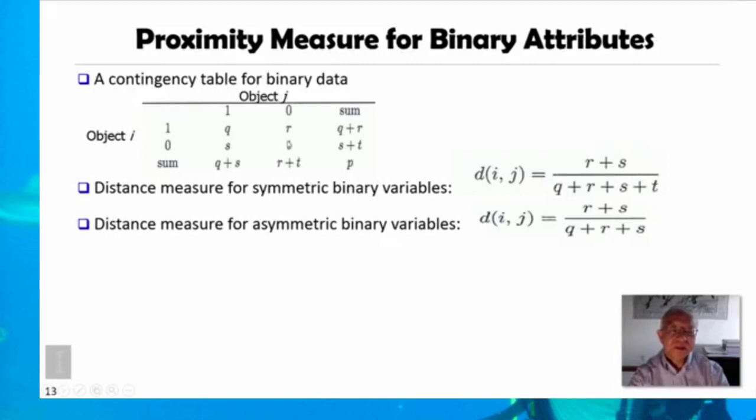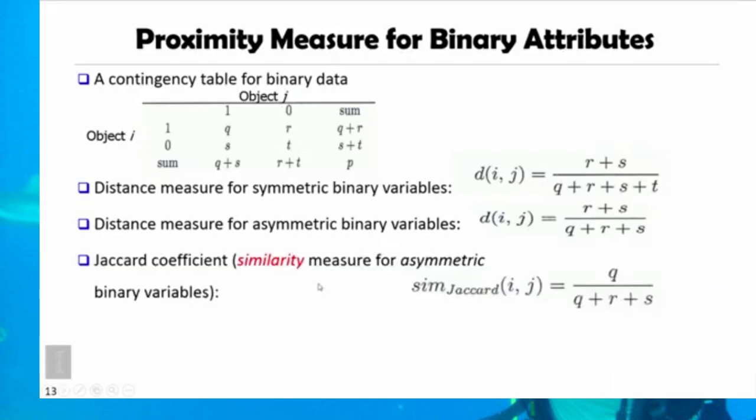The reason is, for example, in a medical test, only the positive one will attract attention. Then for that distance measure, we look at r plus s divided by q plus r plus s. That means all the cases with t cases removed.